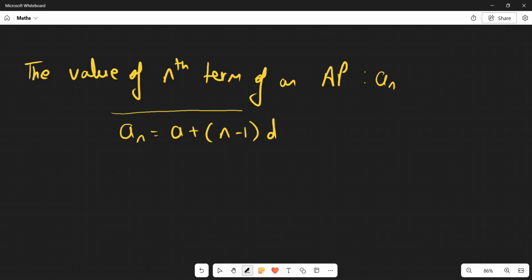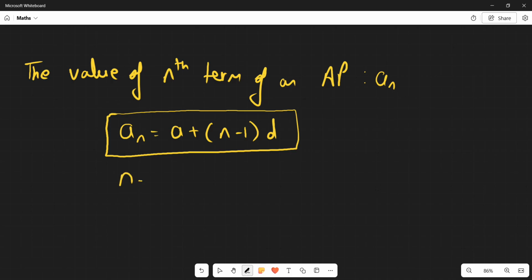This is a very important formula which will be used across this chapter. So an will represent the value of the nth term.